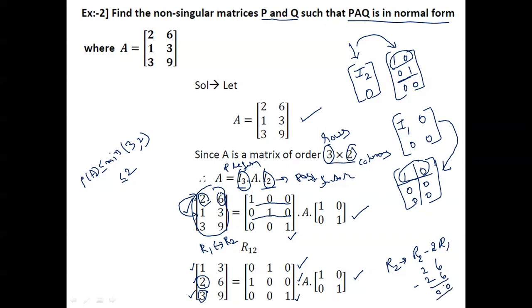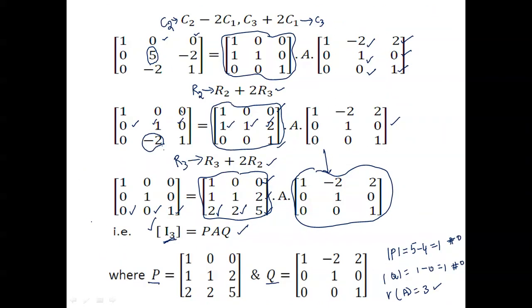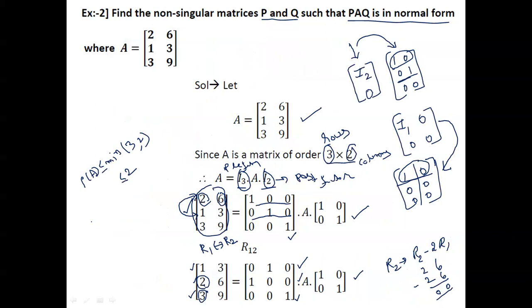Next, R3 tends to R3 minus 3 R1. That means for R3, 3 9 minus 3 R1, that is 3 ones are 3, 3 threes are 9.